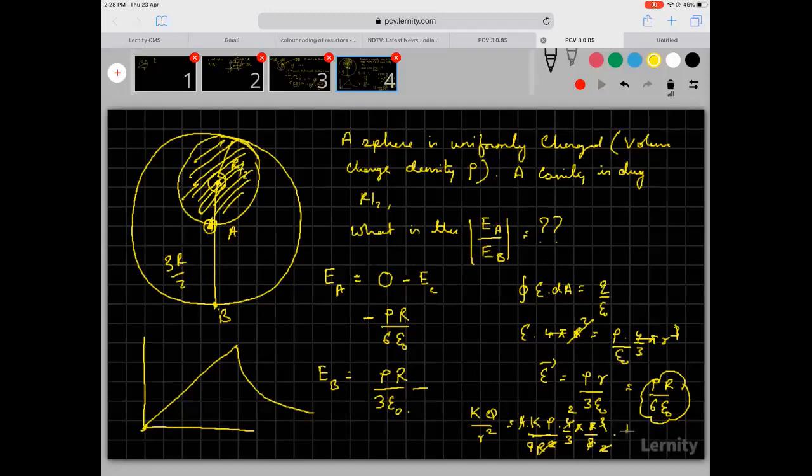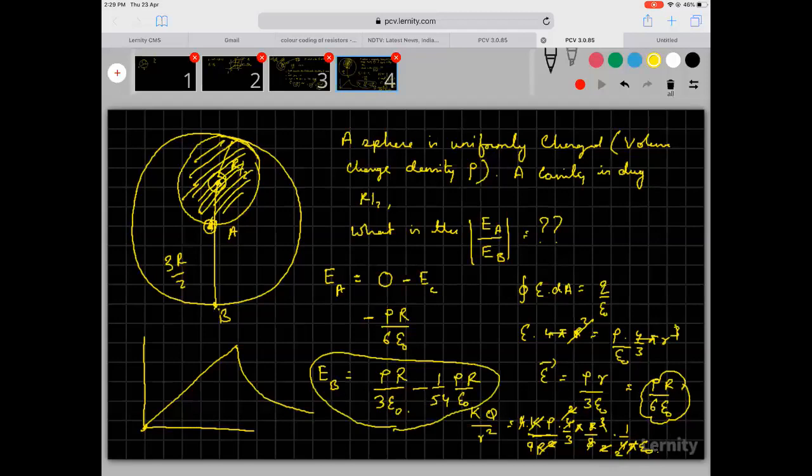So here this pi again goes off. Pi gets cancelled. 2 will get here 2 times. So it becomes 1 by 54. K is removed. Rho R by epsilon naught.